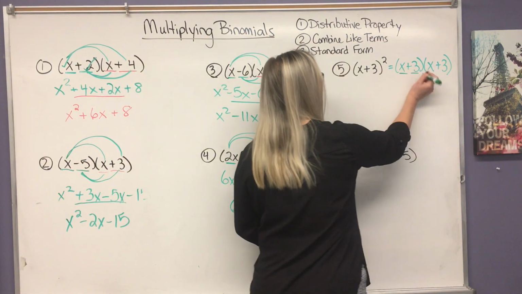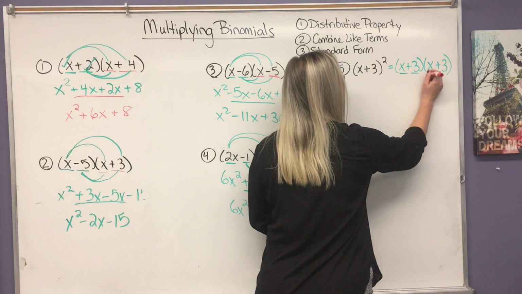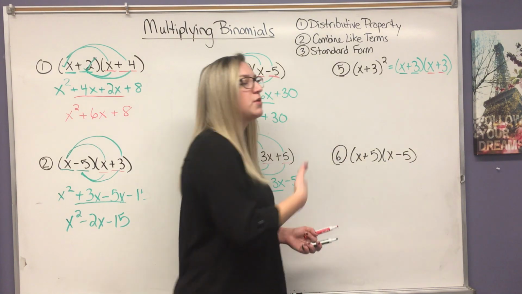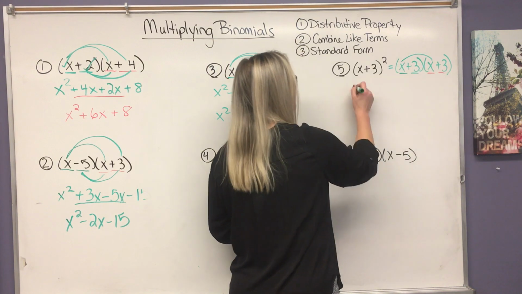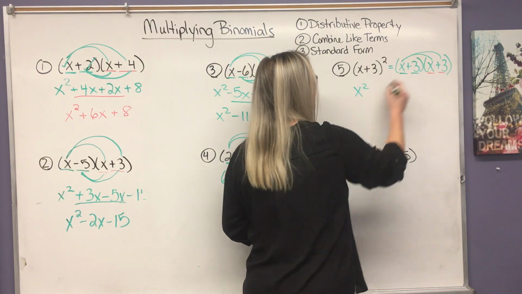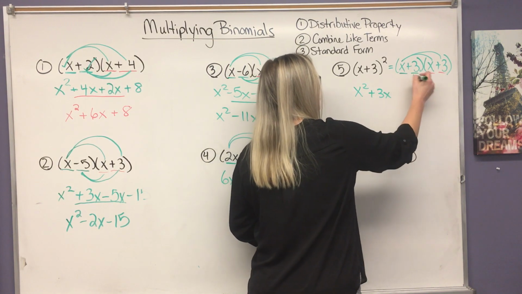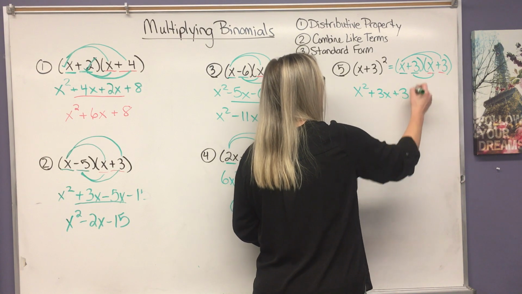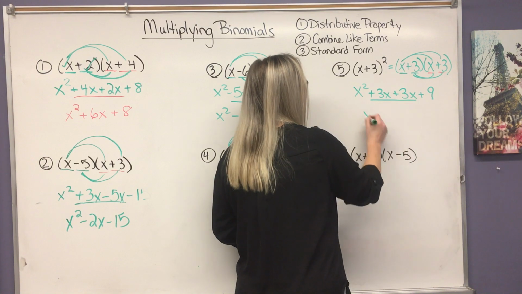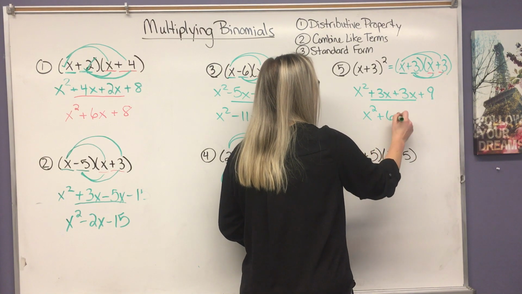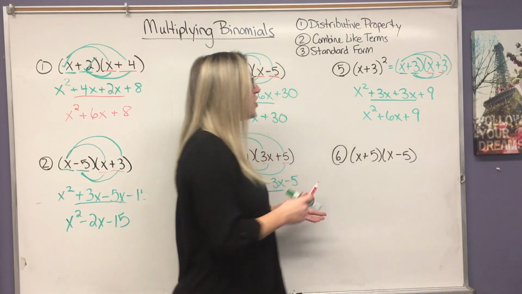I have 2 terms in the first parentheses, 2 terms in the second, and we're going to multiply the same way that we've multiplied in the last few examples. x times x is x squared, x times 3 is 3x, 3 times x is 3x, and 3 times 3 is a positive 9. We wind up combining like terms to get x squared plus 6x plus 9, and we are in standard form.